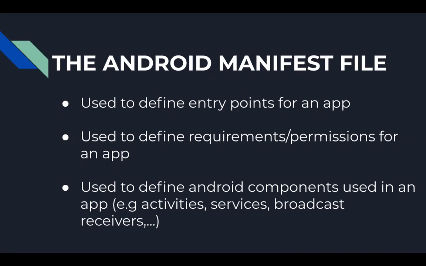Not just permissions, there are also some features that you might need. For instance, if you want to use Google Lens, it requires some features from an Android phone. You have to specify that in the manifest file. So the manifest file does not only talk to the Android system, it also talks to the Google Play Store. I don't know if you guys are following.